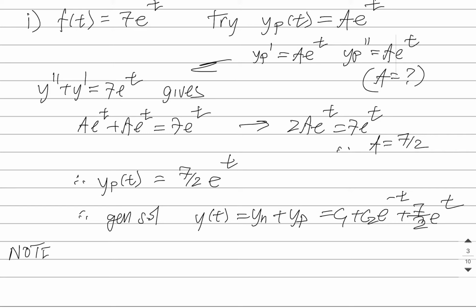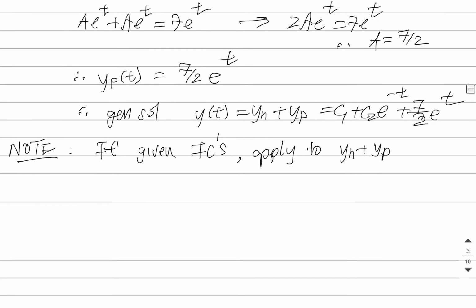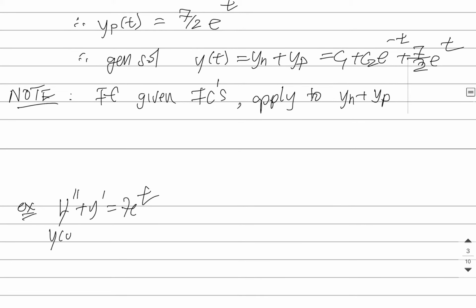Now, I'll note that if you are given initial conditions, you have to apply them to the full sum, yh plus yp. So as an example there, let's say I gave you that differential equation, and I also told you that y of 0 was 0 and y prime of 0 was equal to 1.